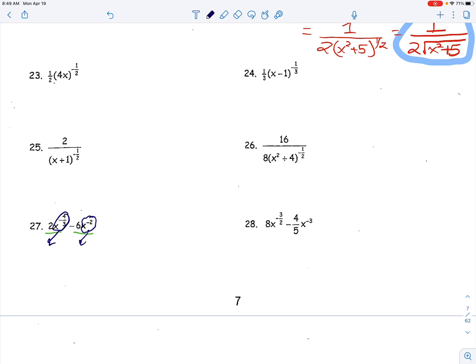It's just the x that's being raised to the power of negative 2. If 6 was being raised to the power of negative 2, then there would be parentheses around the 6x. Okay.